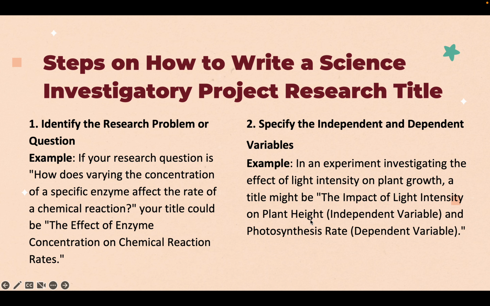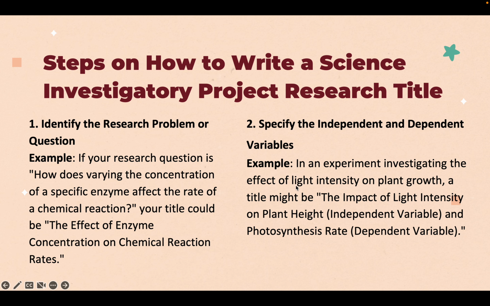So what is our IV? Our IV is the plant height, while our DV is the rate of photosynthesis. Because we are investigating the effect of the intensity of light on the plant growth man.